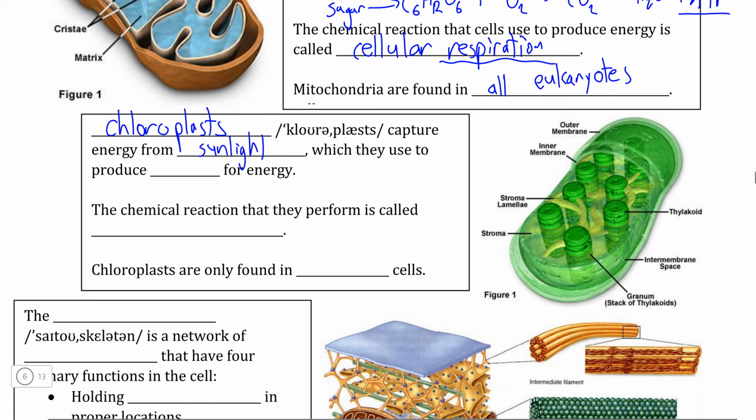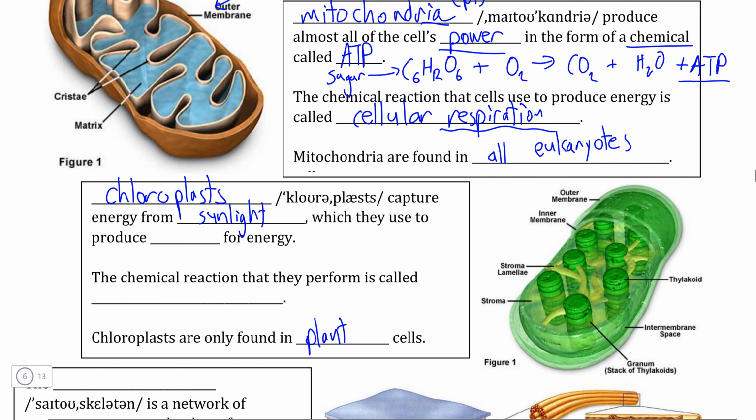And when people say that life could not exist without plants, what they actually mean is that life could not exist on Earth without chloroplasts.